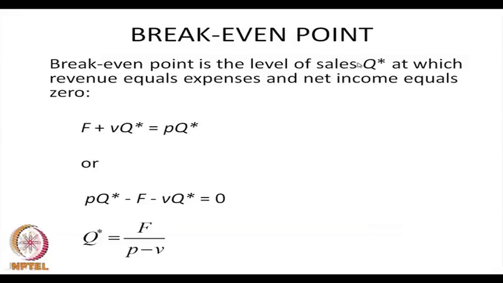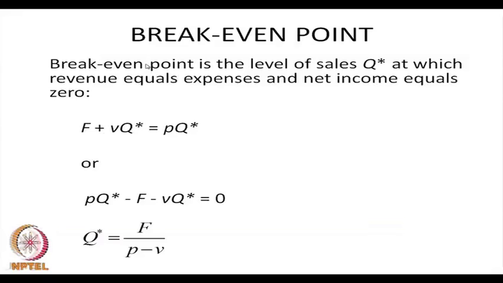So, the level of sales Q star at which total cost and total revenue are equal, that value of Q is called the break-even sales.